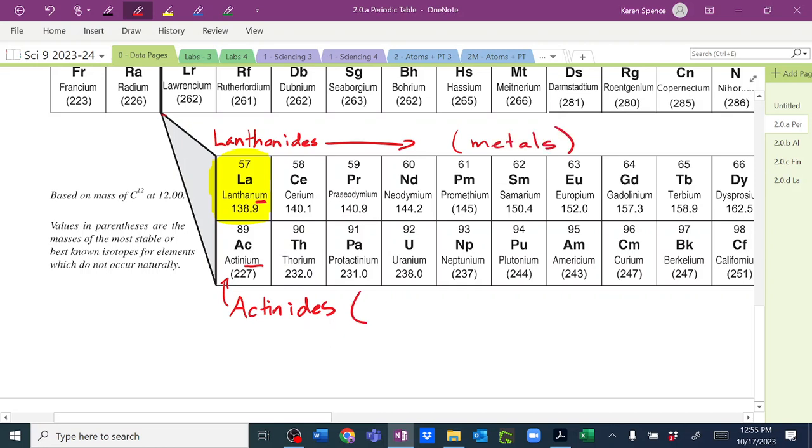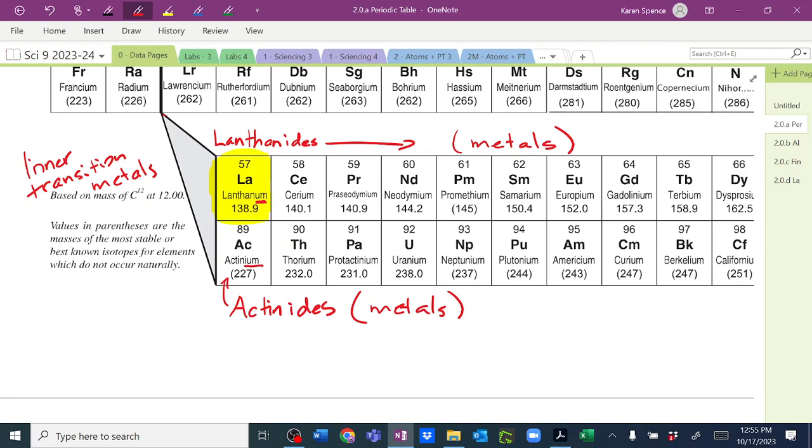They are our inner transition metals, yes. You guys remembered a lot.